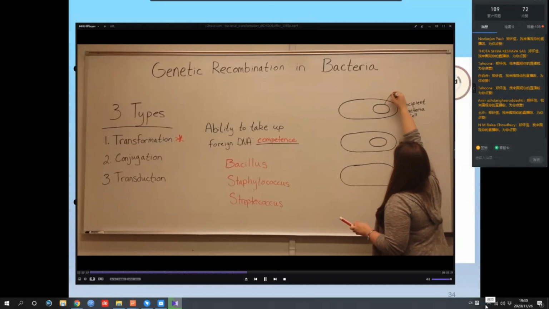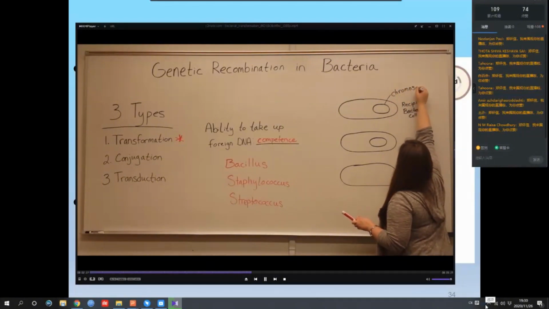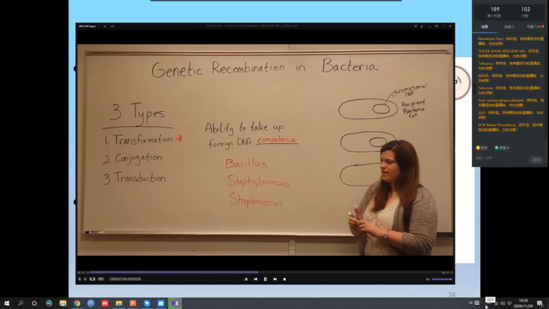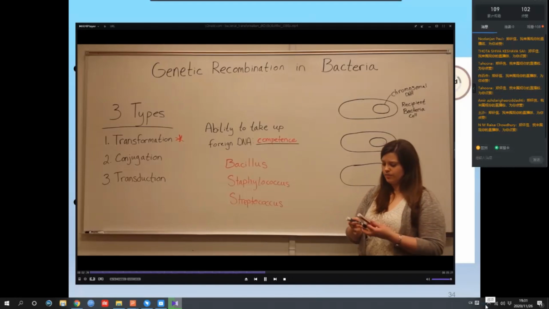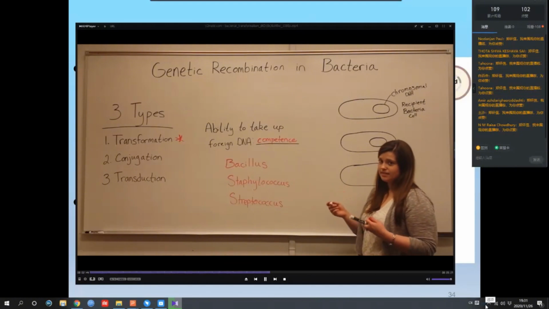This here is its chromosomal DNA. So this is the DNA that it has had since it was produced by replication of previous bacterial cells. But there might be foreign DNA in this cell environment.